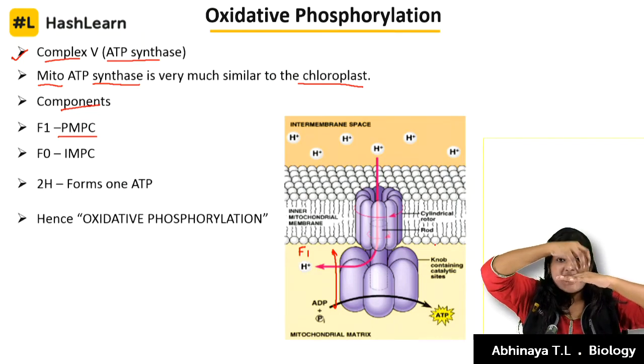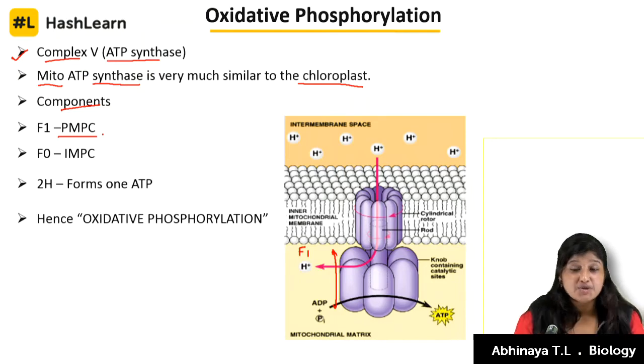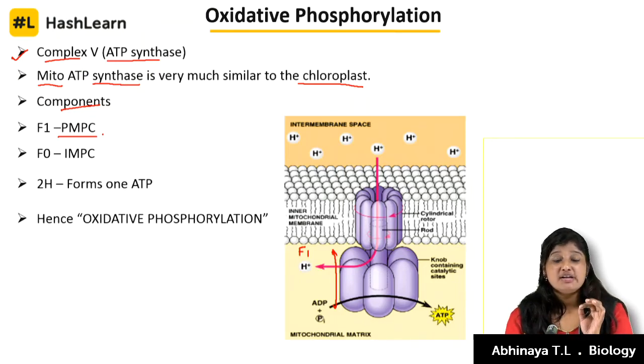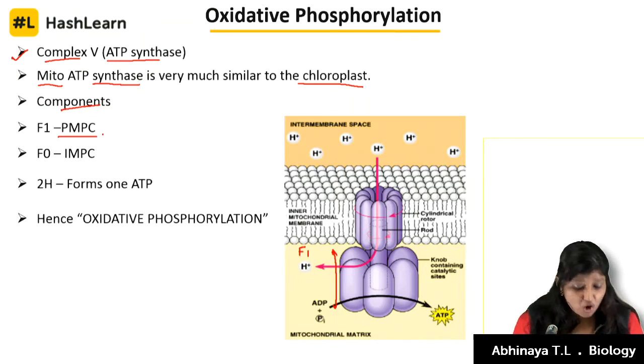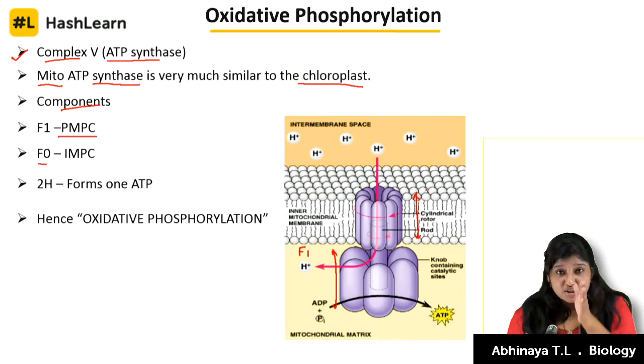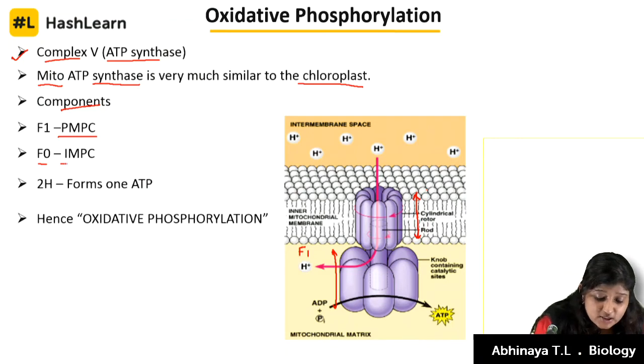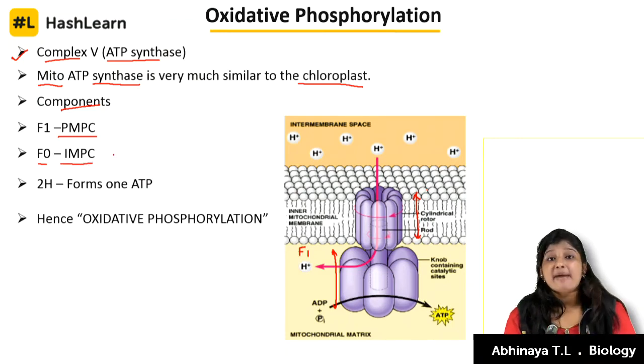So the head piece of ATP synthase is called F1, that's why it's called a peripheral mitochondrial protein complex. F0, you see this long thing which is inside the inner membrane, across the inner membrane, that is called the F0 component. It is called an integral membrane protein complex.